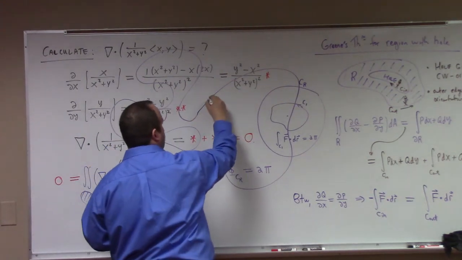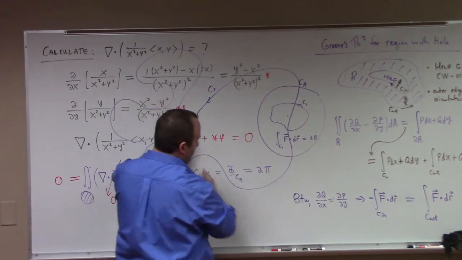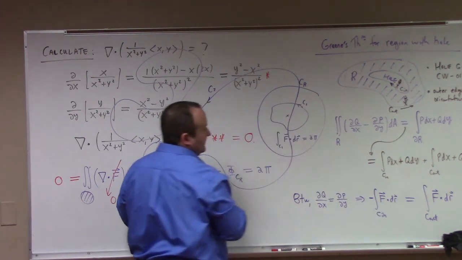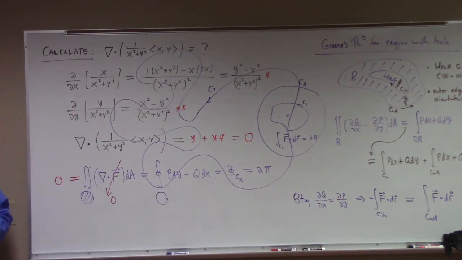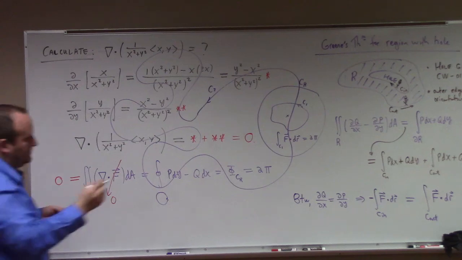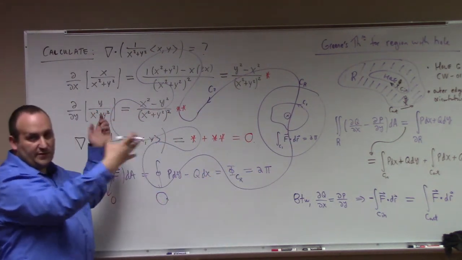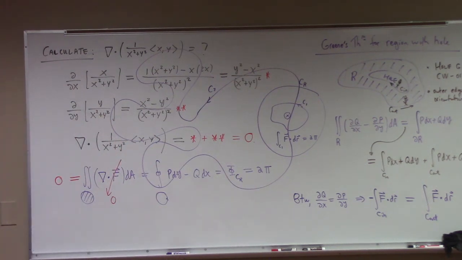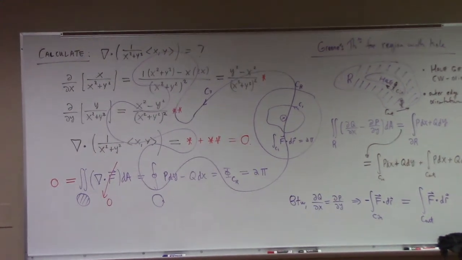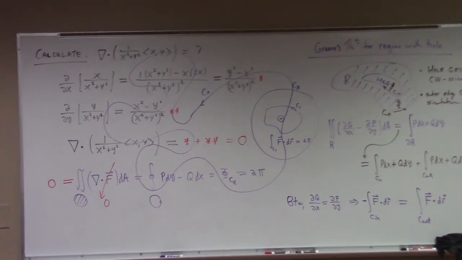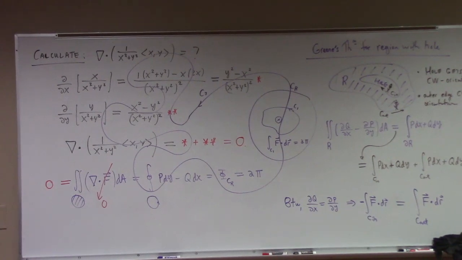That curve, let's say C3, clockwise oriented around the origin, can be deformed to the unit circle, into a circle of radius r. You could look at the circle of radius r right here. And between those two, you can prove that for this reciprocal field, partial q partial x is equal to partial p partial y, so the line integrals are equal. Any crazy loop that contains the origin will have a circulation of 2 pi, for our example.